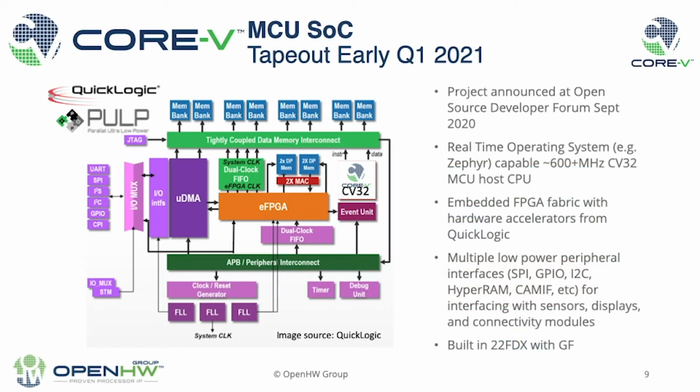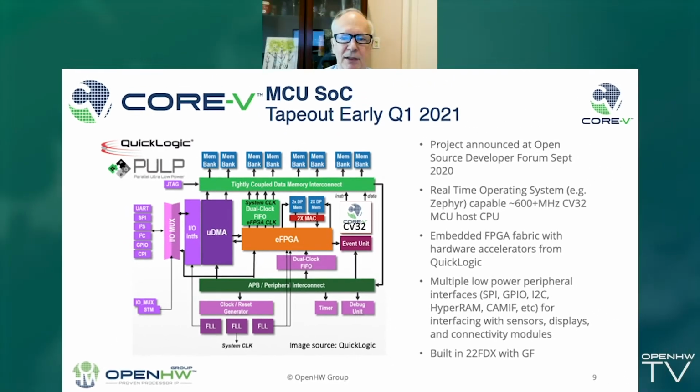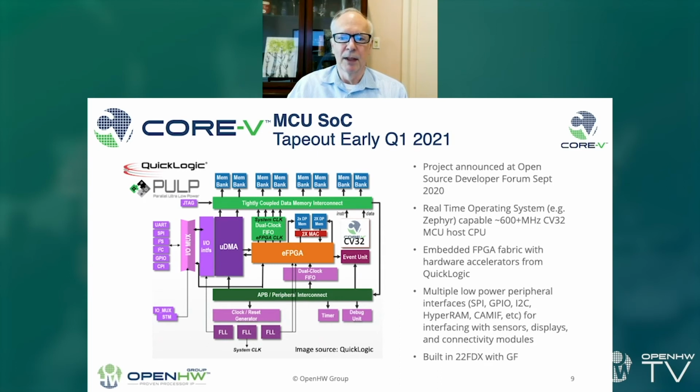So the project we've kicked off with the Open Hardware Group is the Core-V MCU SoC. The audacious part of it is the tape out in early Q1 2021. The project was announced at the Open Source Developer Forum. We're shooting for a real-time operating system capable 600 megahertz CV32 MCU host CPU, the embedded FPGA for playing with these 6 hardware accelerators and demonstrating the other functions you can do with the FPGA.